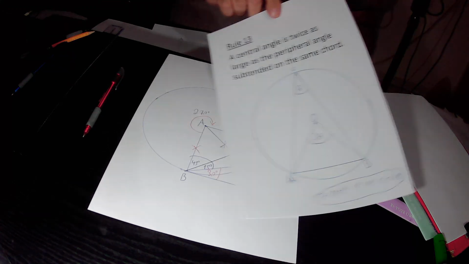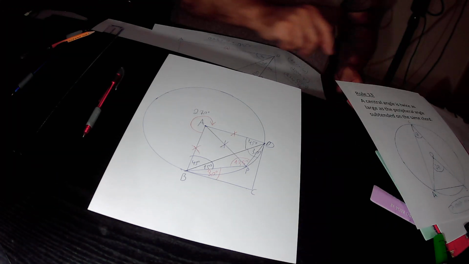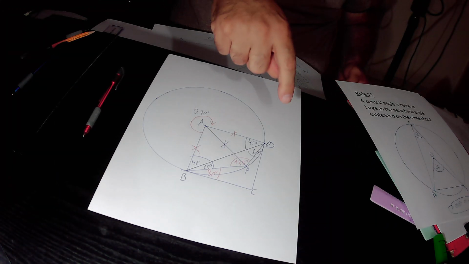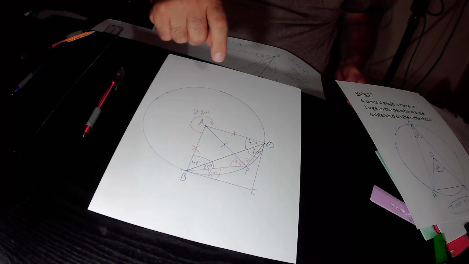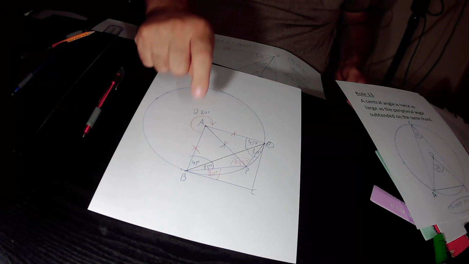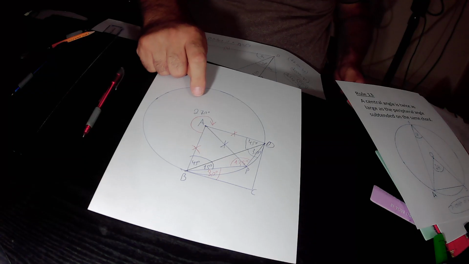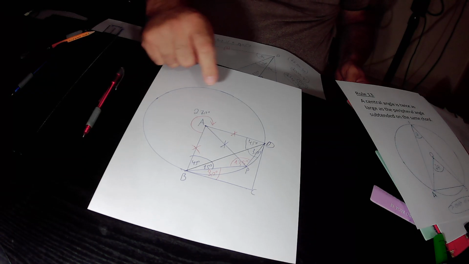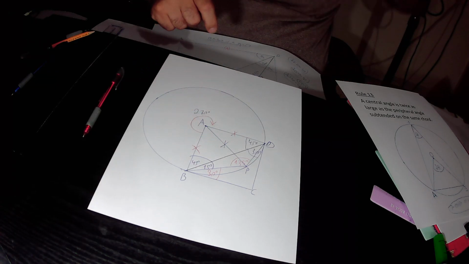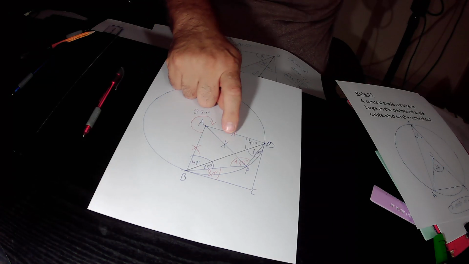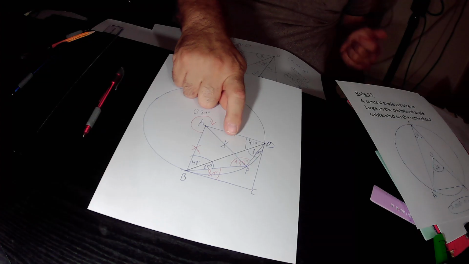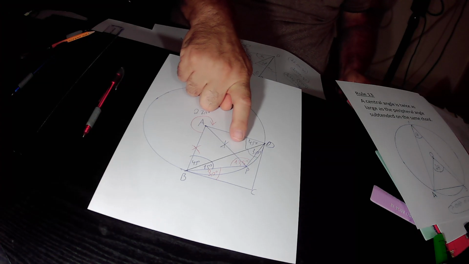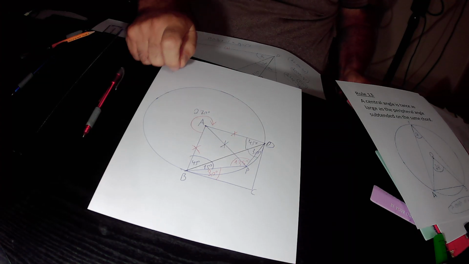So you can implement rule 13 in our drawing. Because in our drawing we have central angle DAB that subtends chord DB and is equal to 270 degrees. And we have angle DPB that subtends the same chord DB, and it is equal to 135 degrees in size.